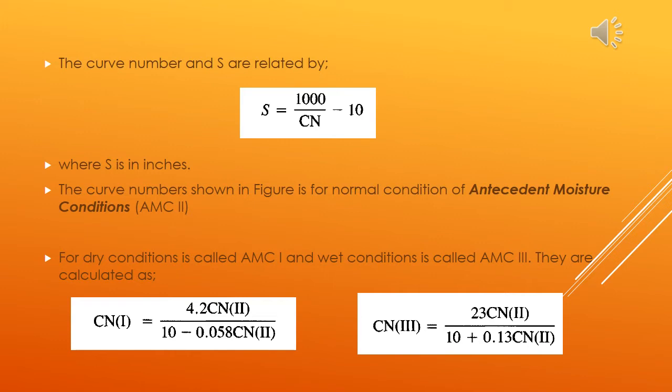If we want to find curve number 3, this is equal to 23 curve number 2 over (10 plus 0.13 curve number 2). In the next section we are going to see all these curve numbers, how we tabulate them, and how we take them. We just substitute, and then we see the wet condition and dry condition. Curve number 2 is for normal condition.